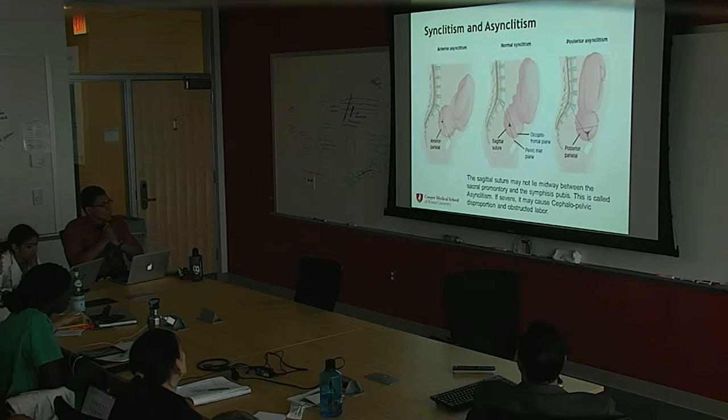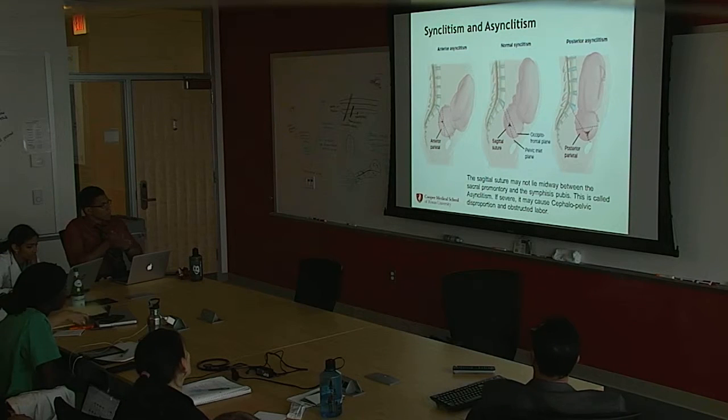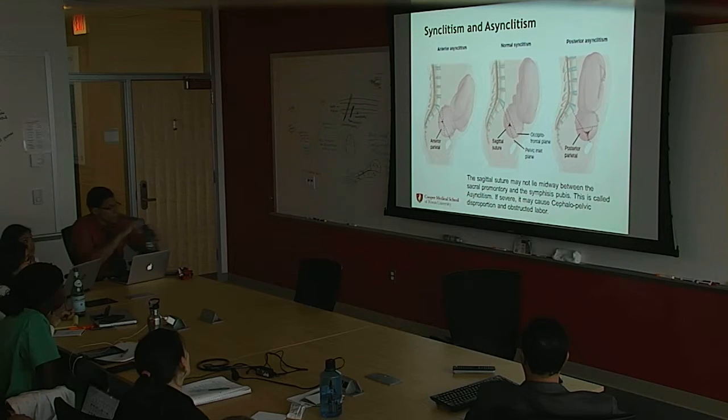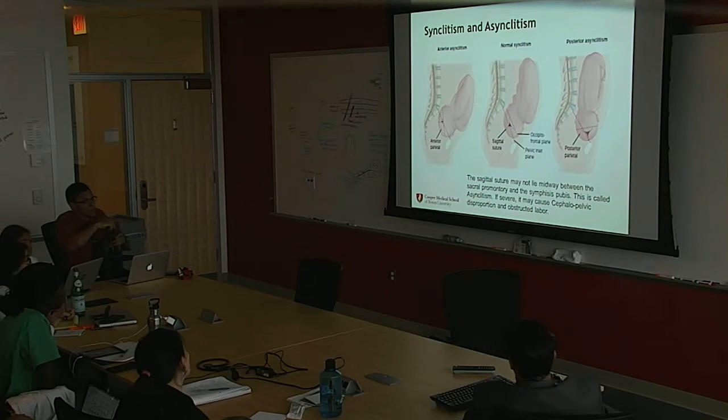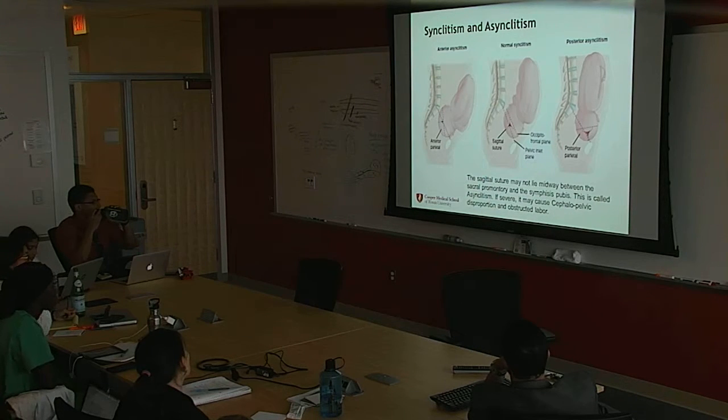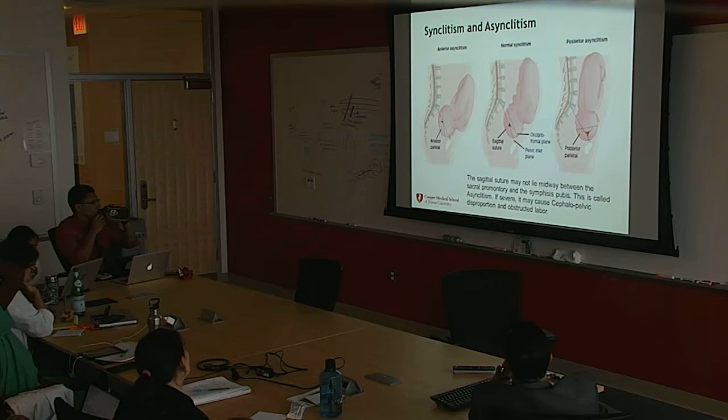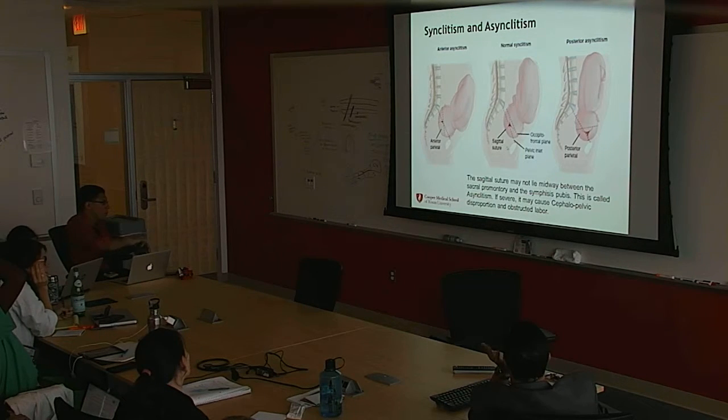Something called synclitism and asynclitism is the relation of the sagittal suture towards the pelvis. The normal sagittal suture lies midway between the sacral promontory and the symphysis pubis, and this is called synclitism.